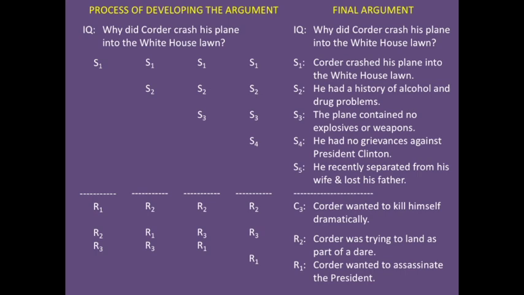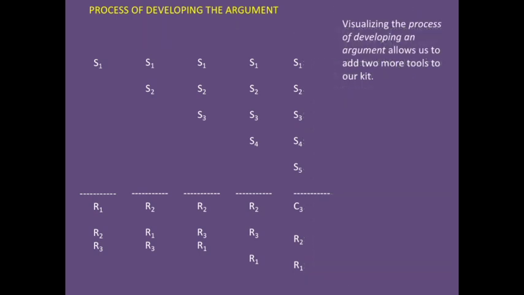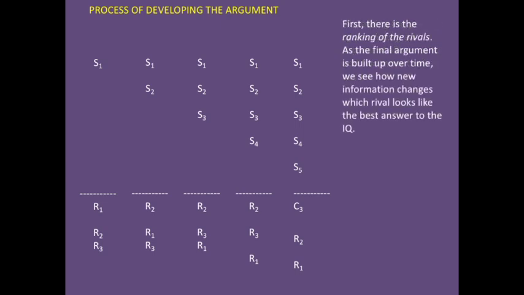Now, as you've probably noticed, I've already started using this language of ranking of rivals. So the idea here is on the screen when I list the rivals, I'm not just putting up a list, but a ranking. And the rival that is at the top is the rival that looks like the best answer to the implicit question based on the available support.